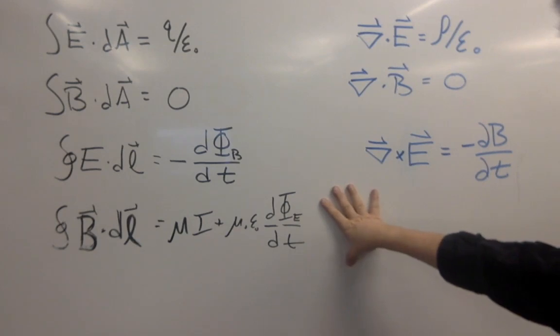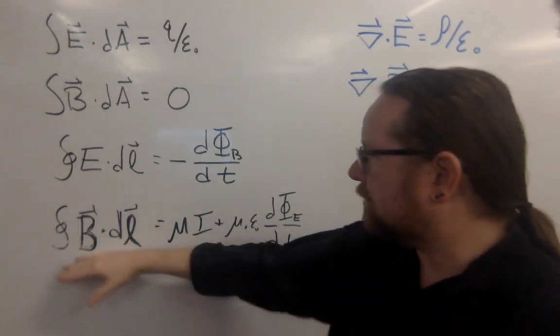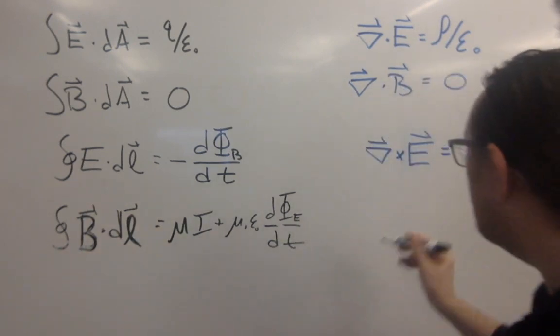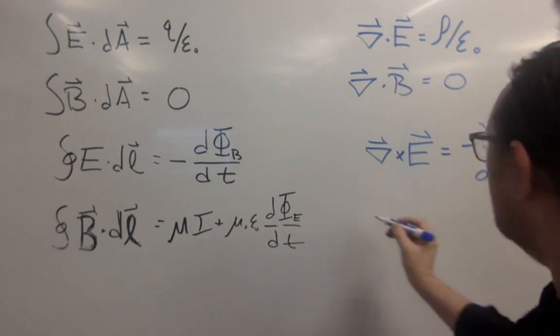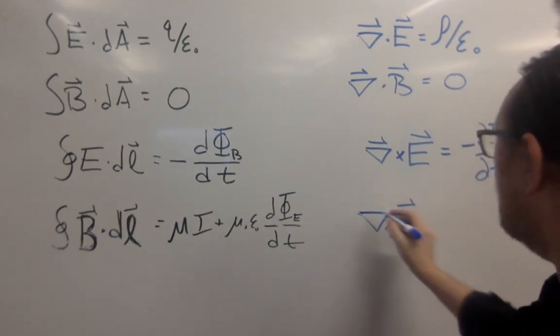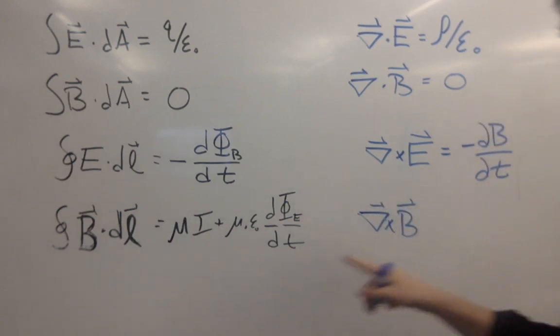So this one of Maxwell's equations, since it's about the magnetic field integrated around a loop, is going to be about the curl of the magnetic field. And it's going to have two parts on the right-hand side of the equation.